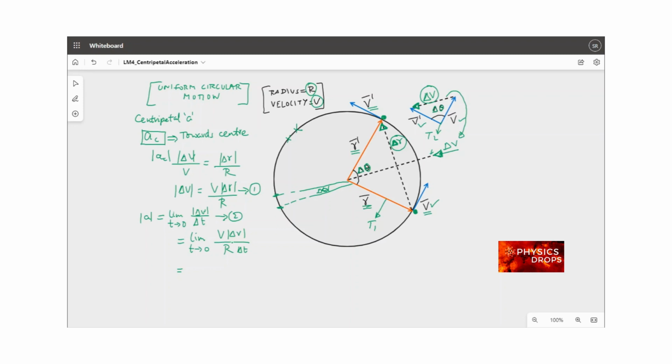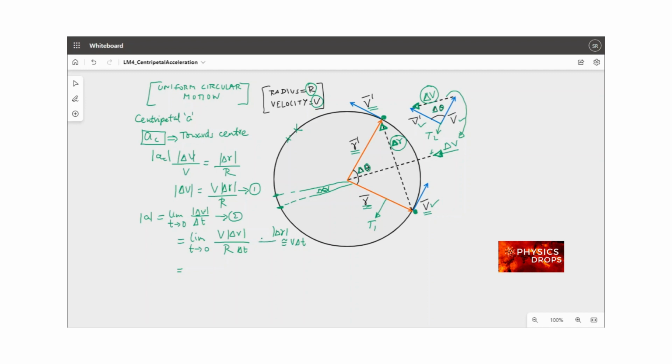For this small section, let's say this is delta r, the change in position, the small displacement is approximately equal to velocity multiplied by the small time interval. Because this is a very tiny change, we can treat it as a line segment. So delta r approximates to v times delta t.